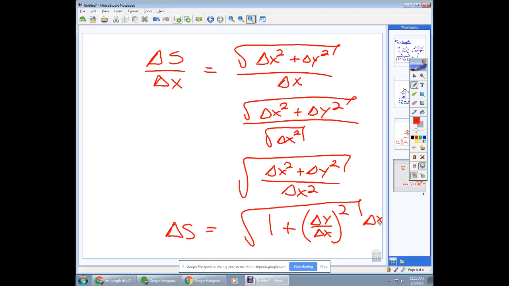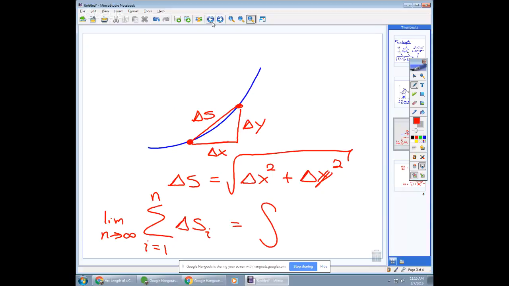Because in the limit, the delta x's are dx. So back to the other page. We just morphed that thing right there. And when we take the limit, the delta x and the delta y turn into dx's. So what we're going to get is the square root of 1 plus something squared, dx.